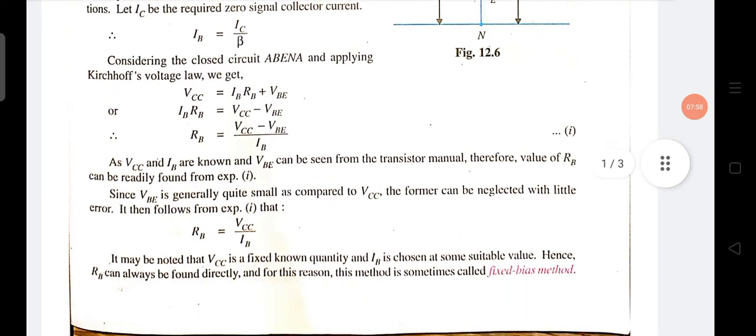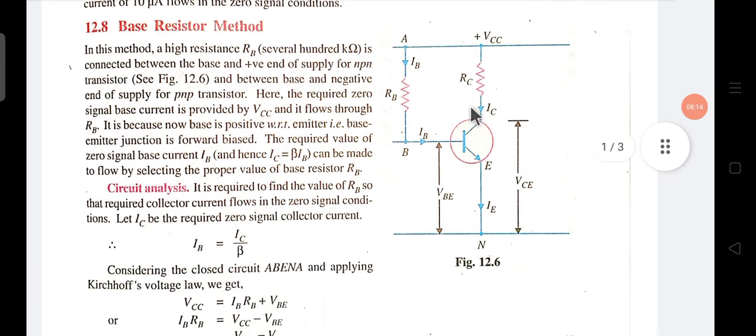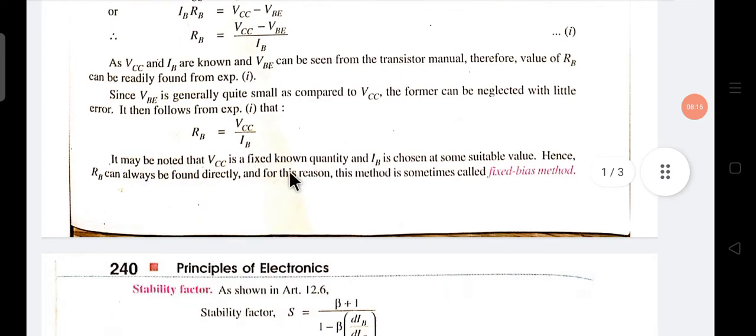Then it may be noted that VCC is a fixed, known quantity, because we apply VCC, let's say 5 volt or 6 volt. So VCC is a fixed known quantity and IB is chosen as some suitable value.